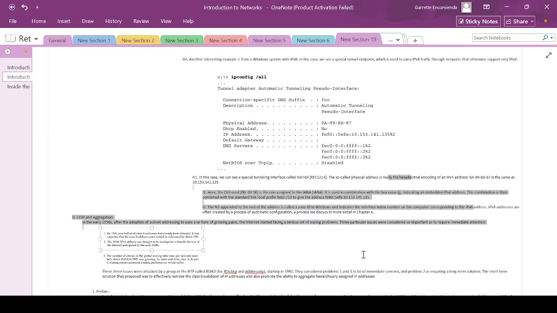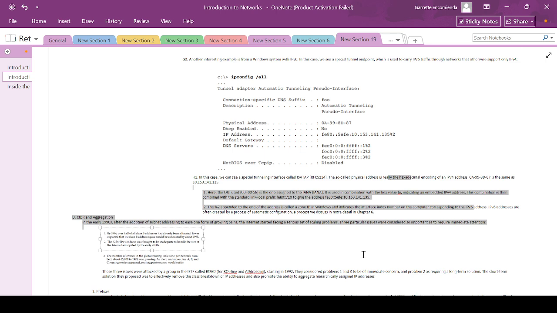So it just converted the IPv4 address, a hexadecimal encoding of the IPv4 address. Remember, we're trying to connect the IPv6 in this IPv4 network, so we will have to convert that IPv4 to an IPv6 to talk to it.